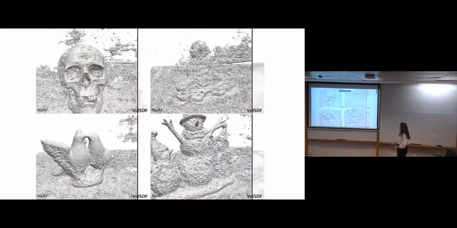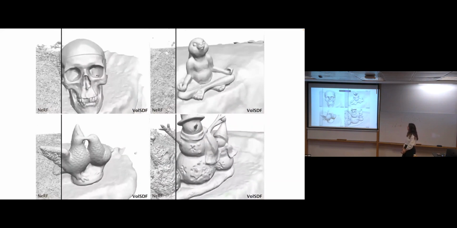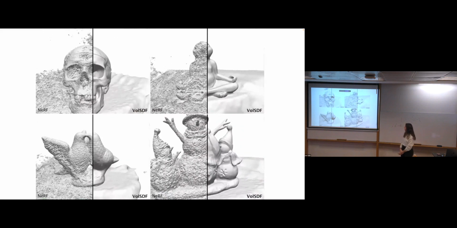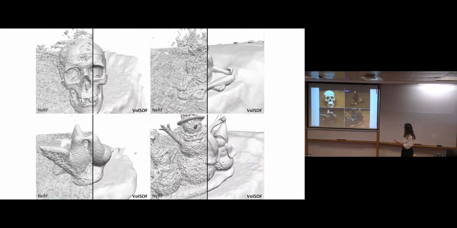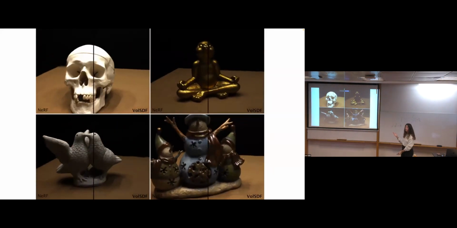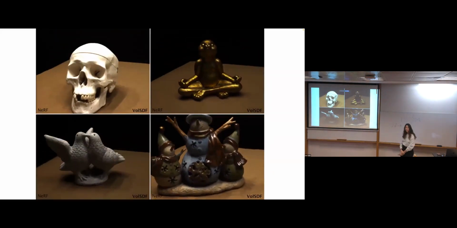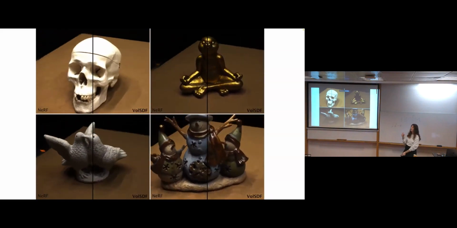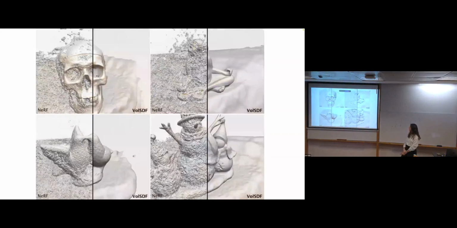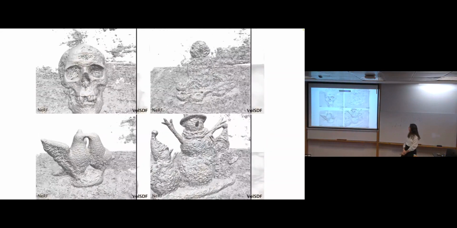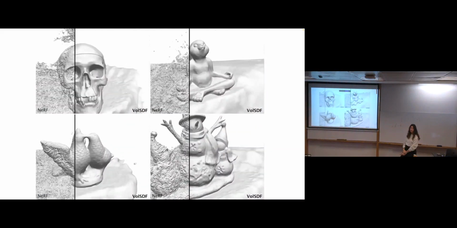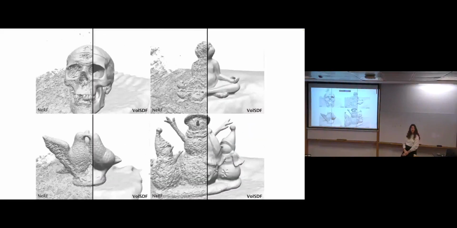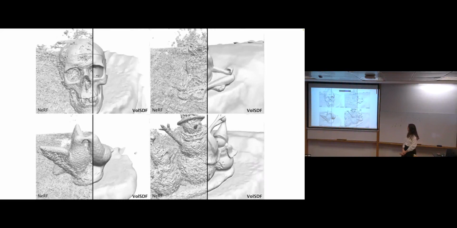You see the rendering of both VolSDF, which you saw before, and NeRF, and they look reasonably the same. But if you look at the geometry extracted either from the density or from the zero level set of the signed distance function, you see a much more well-defined and detailed surface. And you don't need any mask for this.